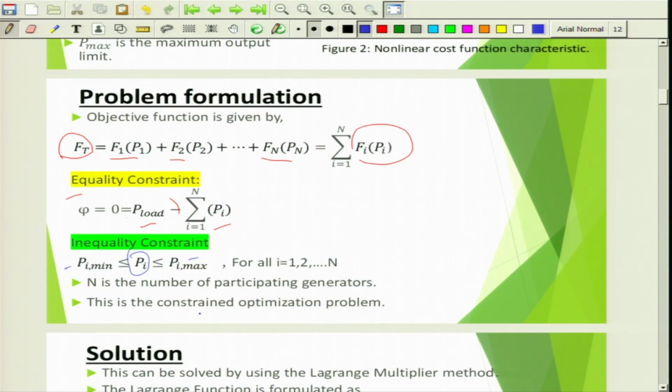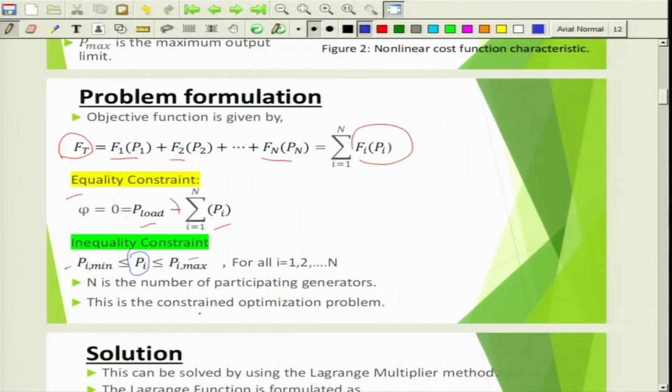The reason, as I have already told, is that below it, it is unviable to operate economically, and above it there is a thermal capacity, because the conductor size has certain restrictions. Beyond that overheating happens, and the generator may get short circuited or burnt. Here n is the number of participating generators.